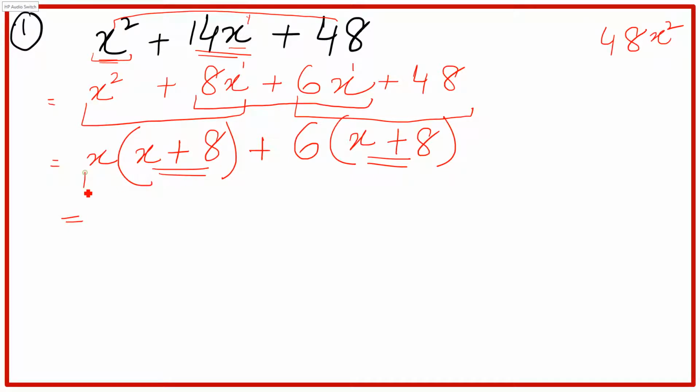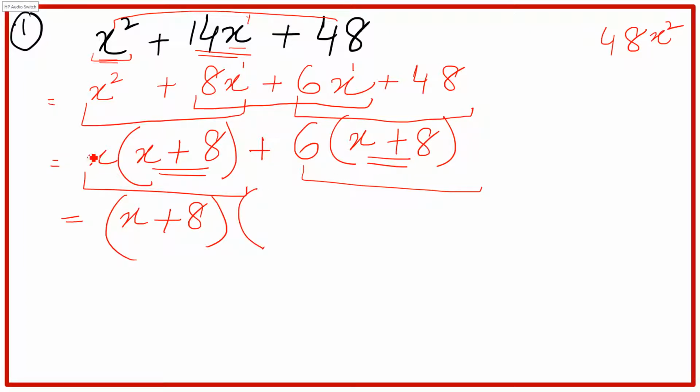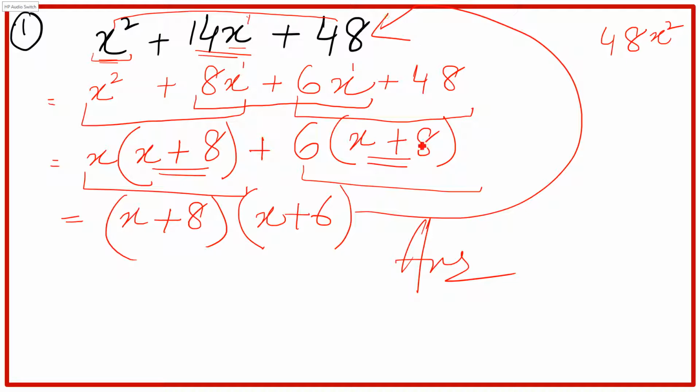Now, because there is a positive sign between, this is one set, this is one set, what can we take common? We can take x plus 8 as common, because x plus 8 is here, x plus 8 is here. What is remaining? x is here, positive 6 is here, and this is the answer. If you multiply these two parentheses again, you will get your question back.